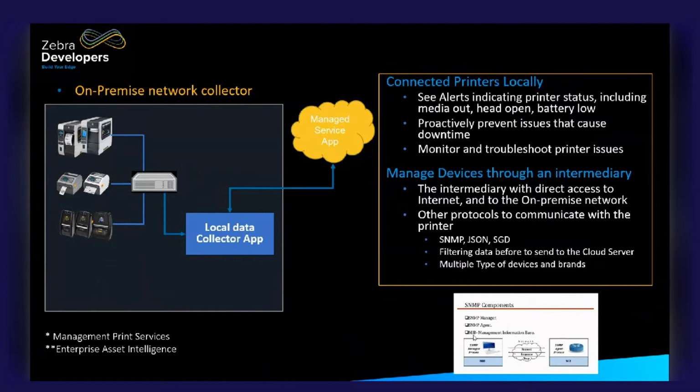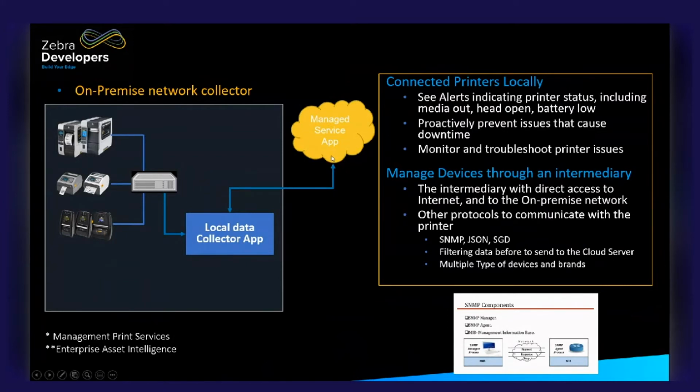And through this configuration, you have an on-premise network collector. Basically, this is the configuration. You can have multiple printers here connected through a router. The router is going through a local data collector app, mainly in a local desktop. And the local desktop or server is sending that information to a managed service application.